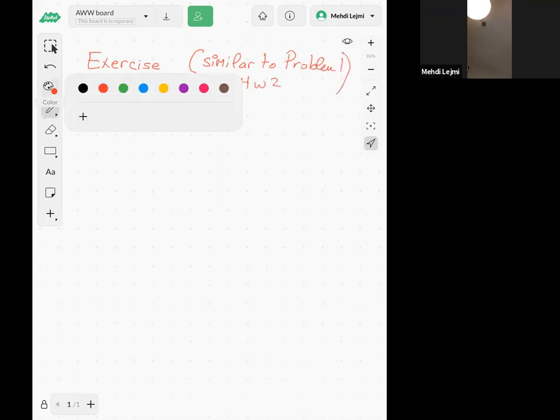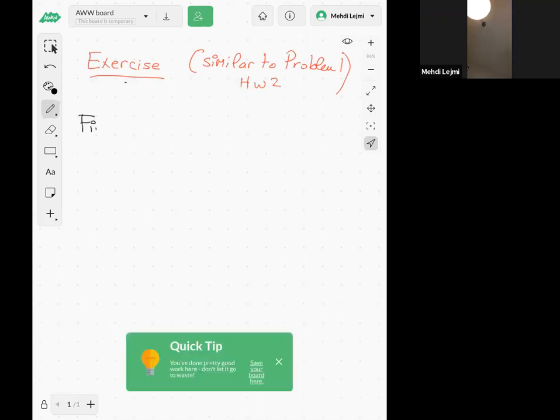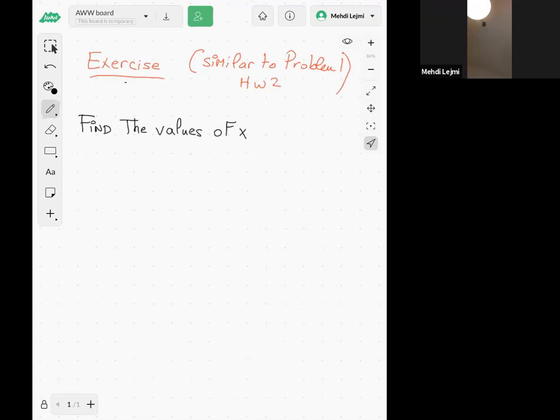So we need to find the values of x at which f of x has a relative maximum or relative minimum.